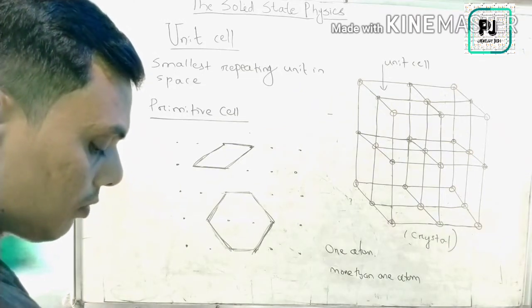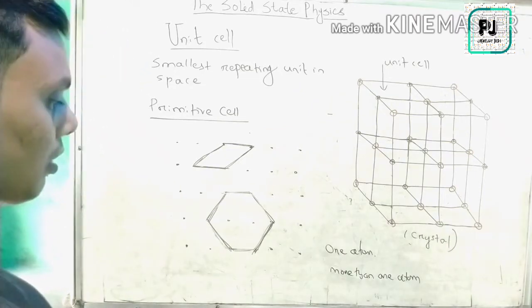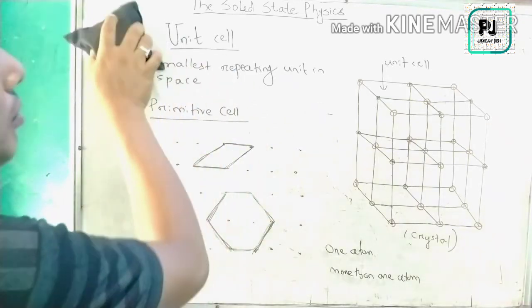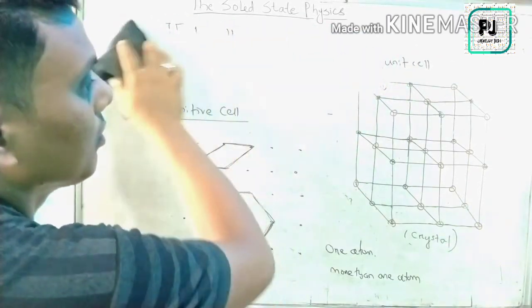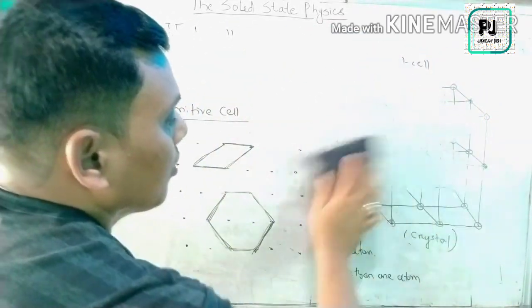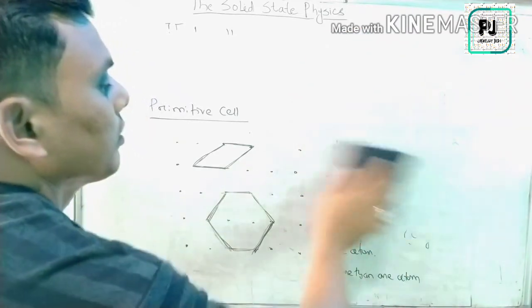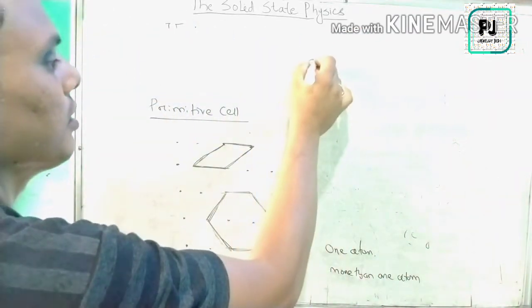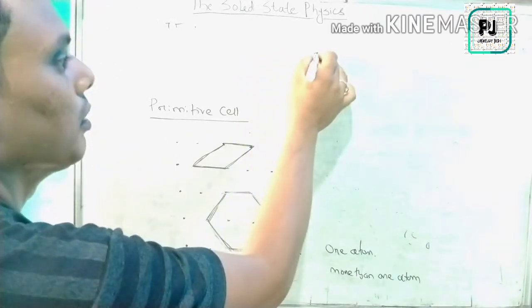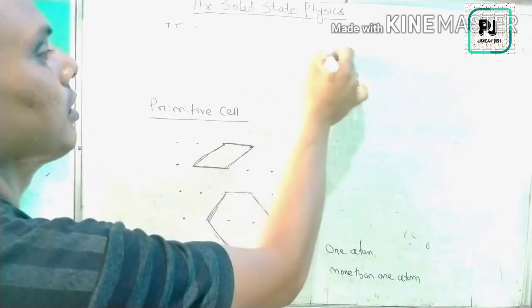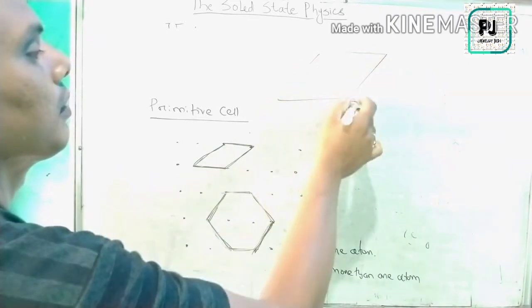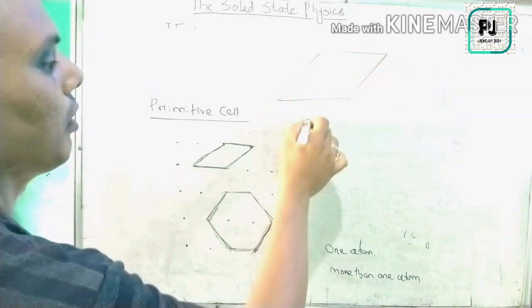Okay. So there are two-dimensional primitive cells. How can I draw these? This is your two-dimensional primitive cell. This is the parallelogram.